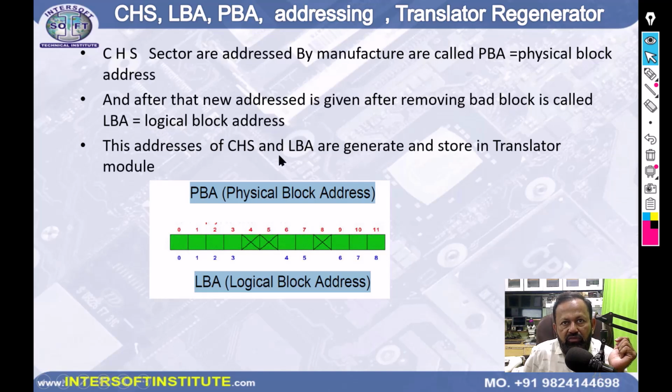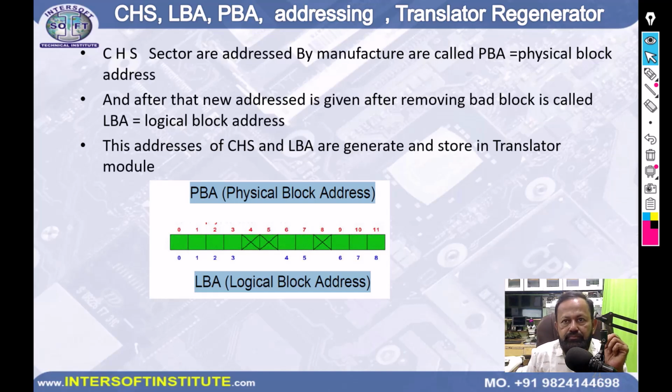These CHS and LBA addresses are generated and stored in the translator module. So the addressing of CHS, cylinder head sector, with the LBA, is stored in the translator table. Mainly these are firmware issues, translator issues. If the translator table is corrupted, data does not open. If CHS, LBA are corrupted, then these problems also come. So this is the first session, the CHS, LBA storage.